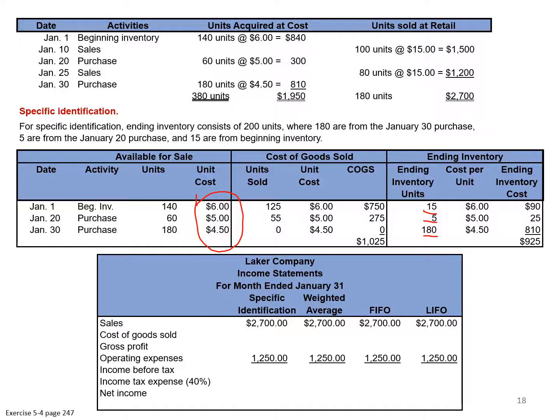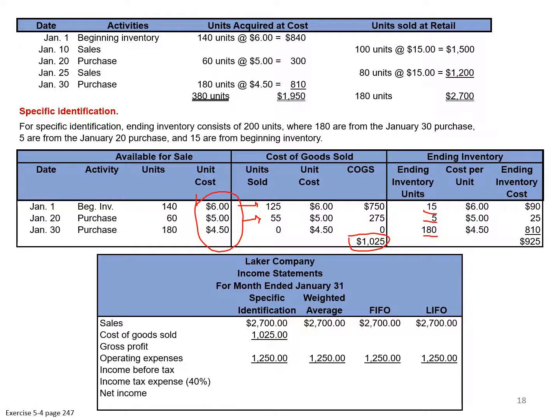So we have 140 units less 15 equals 125 in cost of goods sold from beginning inventory. 60 minus 5 is 55. We didn't sell anything from our January 30th, so we have $1,025 in our cost of goods sold under specific identification.